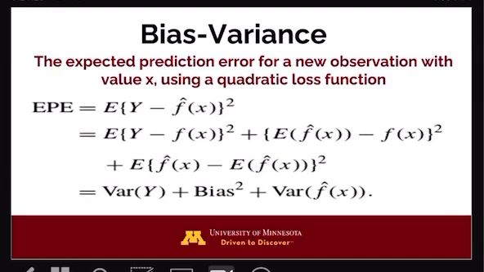We also call that expected prediction error, which is more or less the difference between the actual observation and the estimated function. Now, I'm going to tell you why this is very, very crucial, and I need you to pay attention.